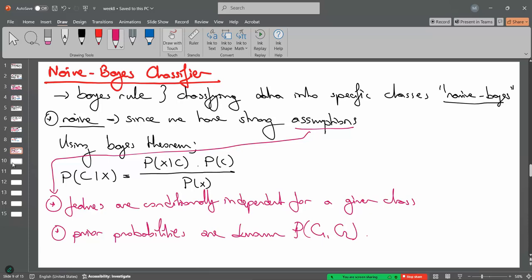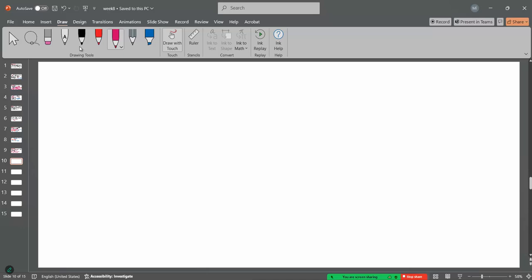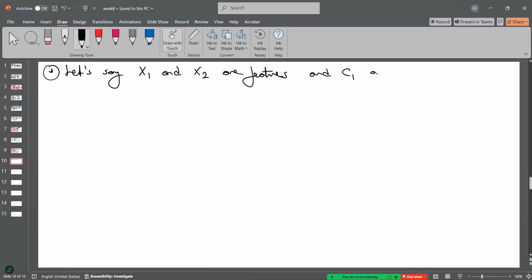Let's say x1 and x2 are two features, or the data, and C1 and C2 are classes. We model it just like that. We can create a fourth class for a given x1 and x2, but in this case we propose two classes, and so then we can write the specific formula.